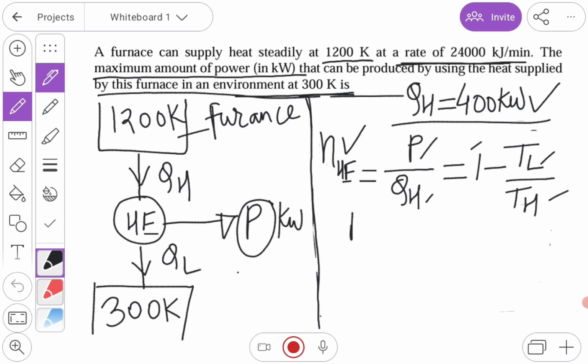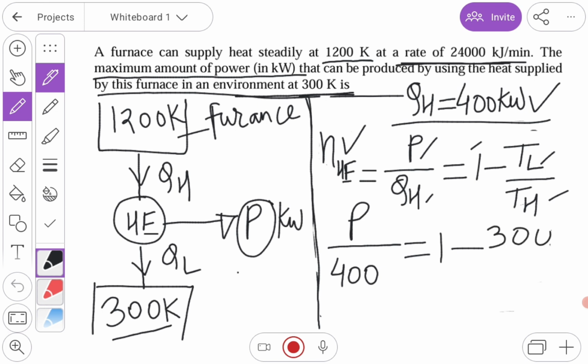So power is the unknown. What is QH? QH is heat input, which is 400 kilowatt. That will be equal to 1 minus TL. TL is the temperature of the low temperature body, which is environment, 300 Kelvin. This 300 divided by TH. TH is the furnace temperature, which is 1200 Kelvin.